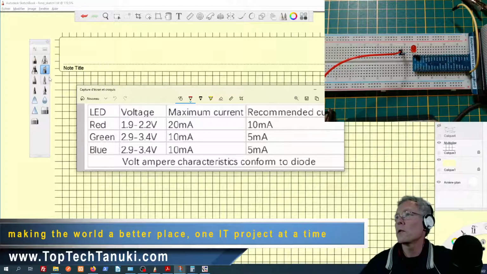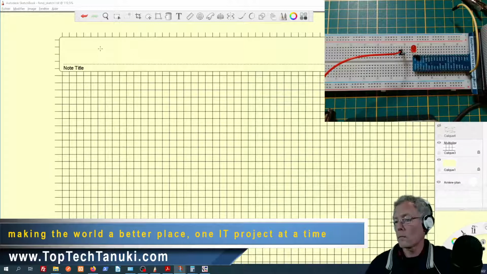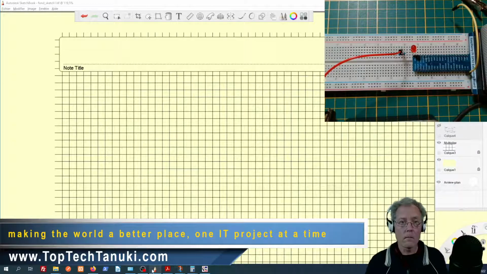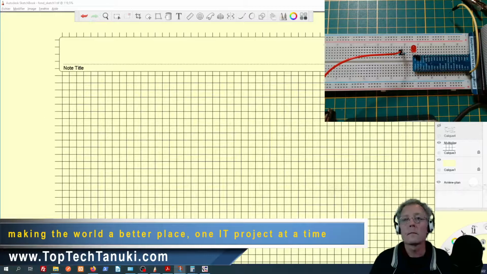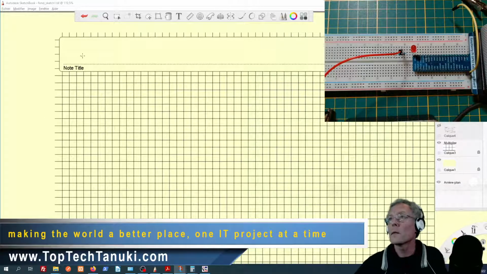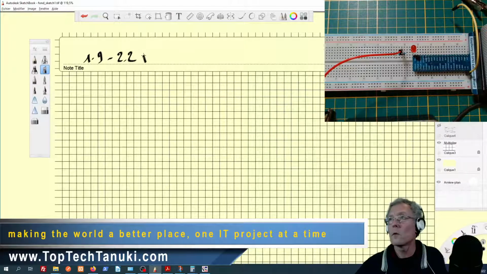Okay, I will note it down here. So the LED is 1.9 to 2.2 volt, with 20 milliampere max and a recommended 10 milliamperes.